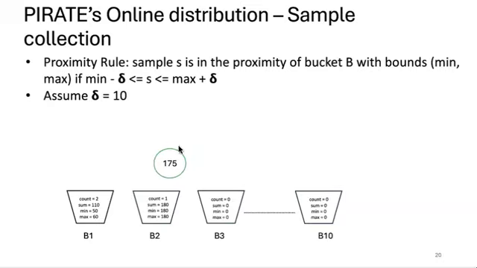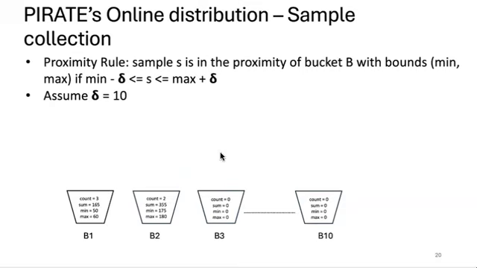Now, when sample 175 arrives, it will be updated within the bucket B2 with the same proximity principle. Now, on sample 55, it is updated within the bucket B1. So, this maintenance of the online distribution is divided into two phases. The first is the sample collection phase.